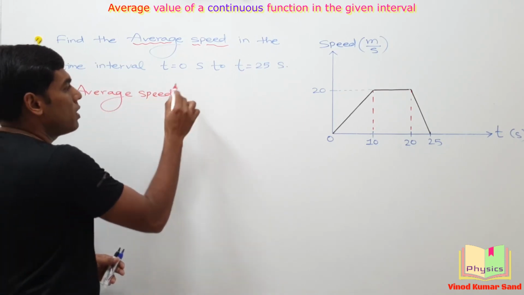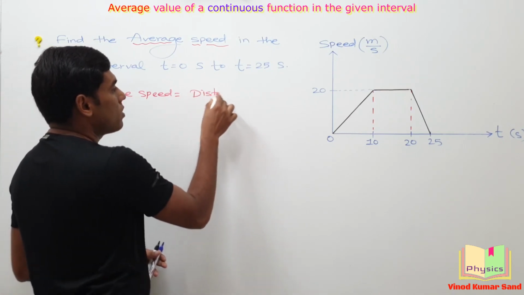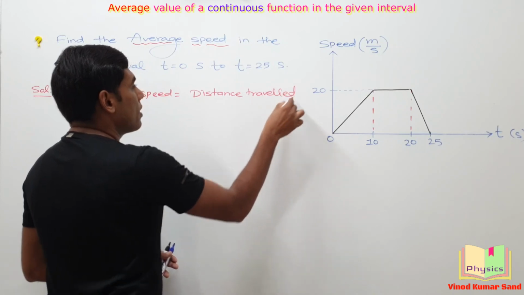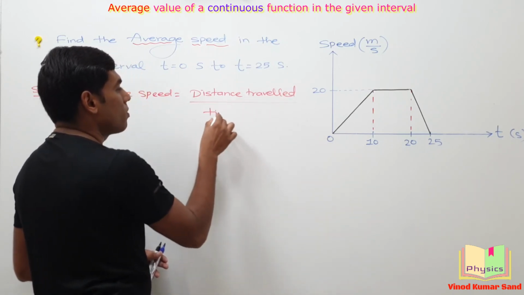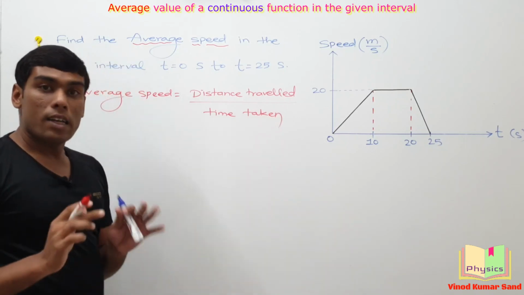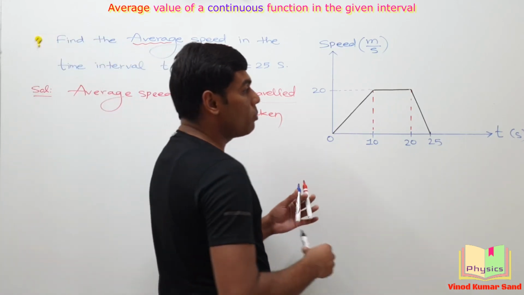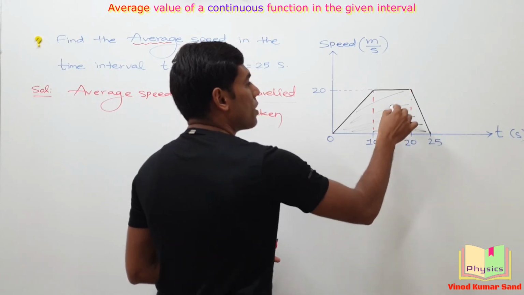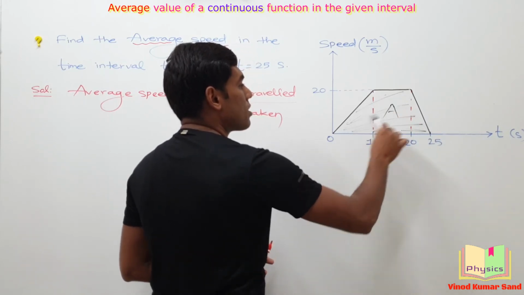The average speed is equal to the distance traveled divided by the time taken. Okay, and the distance traveled will be equal to this complete area. This area A will give you the distance traveled.